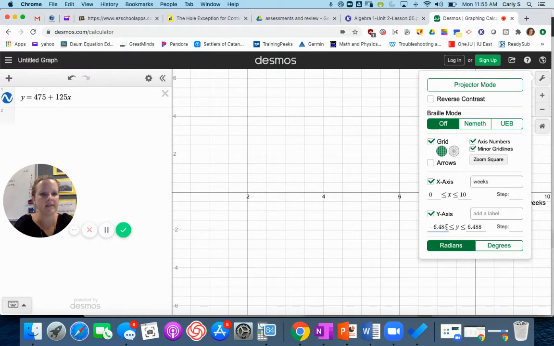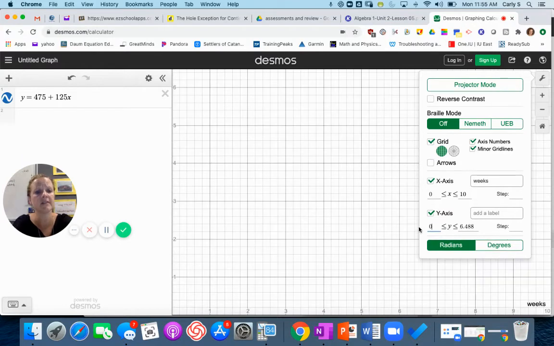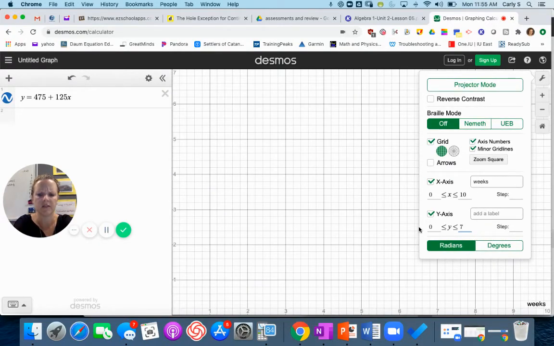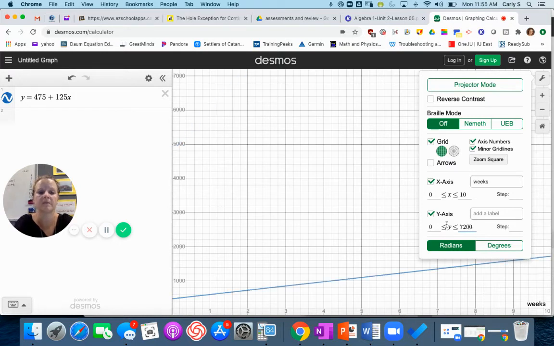The y-axis, I'm going to start at 0. I know I'm at $475 to the beginning, but I'm wondering like how much, like we want $7,000. So let's just give us a little bit of space. Let's do $7,200.